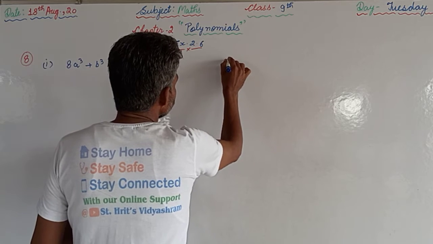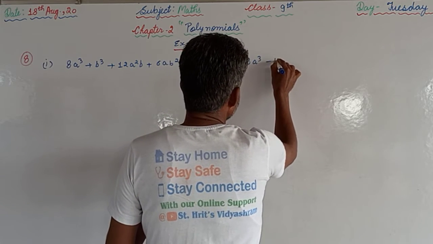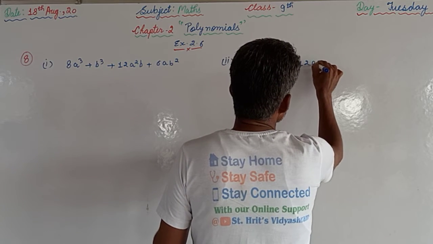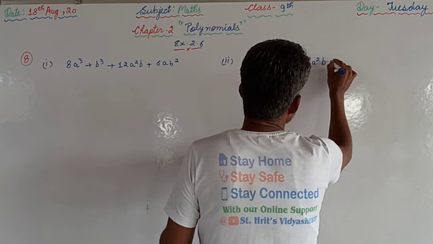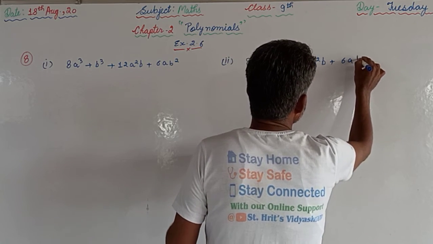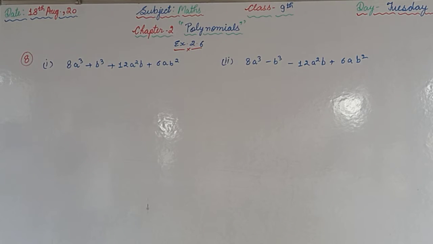At the same time, the second part is 8a cube minus b cube minus 12 a square b plus 6 ab square. So this is the question, and these are the first two parts.